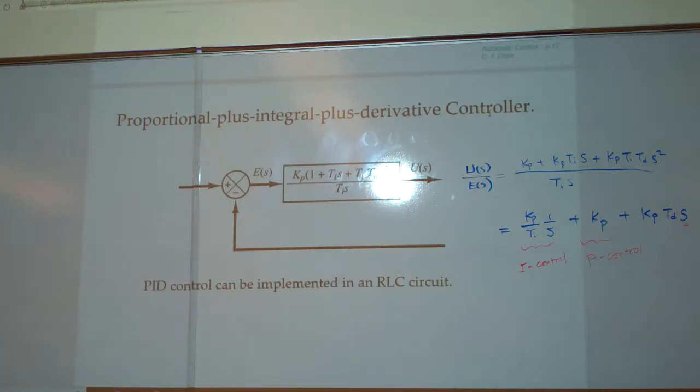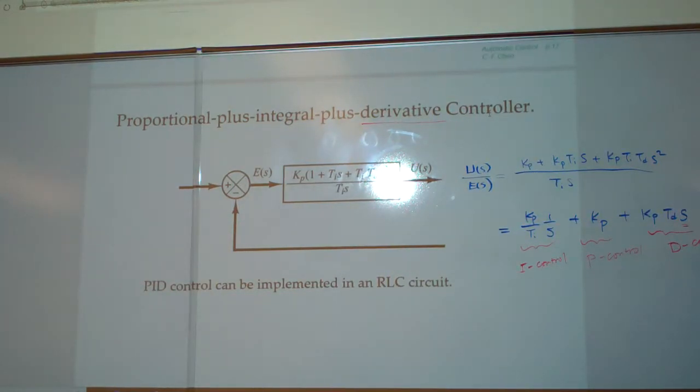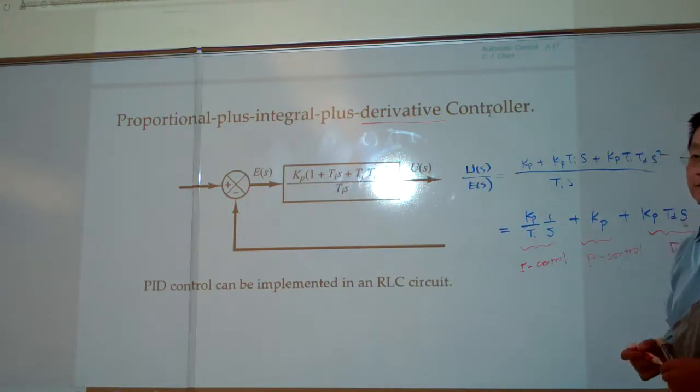Assuming we don't consider initial conditions, the derivative of a function is equivalent to multiplying by s. Due to the existence of this s, we call it the derivative control, the D control. So this single term is composed of the PID controllers.